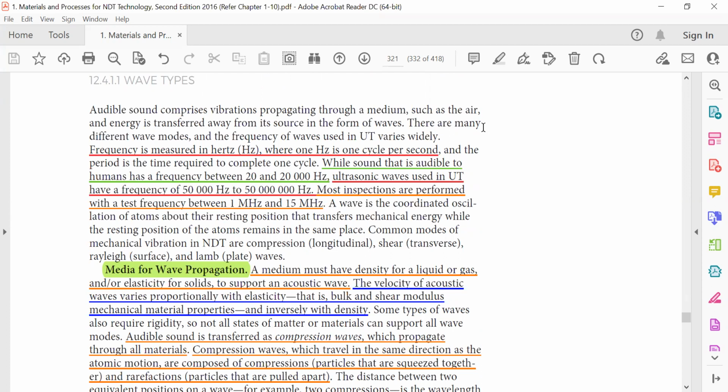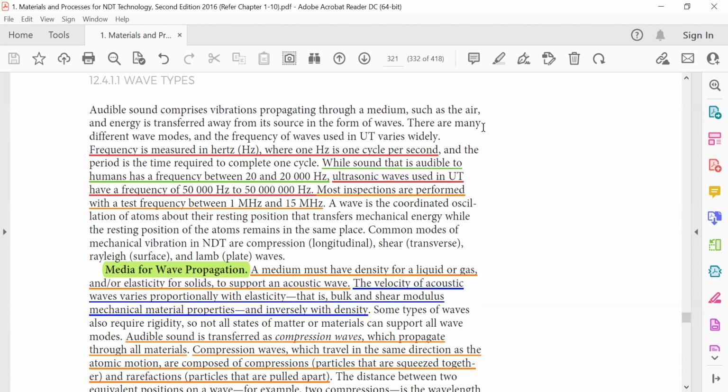Ultrasonic waves used in UT have a frequency of 50,000 Hz to 50 MHz. Most inspections are performed with test frequencies between 1 MHz and 15 MHz.